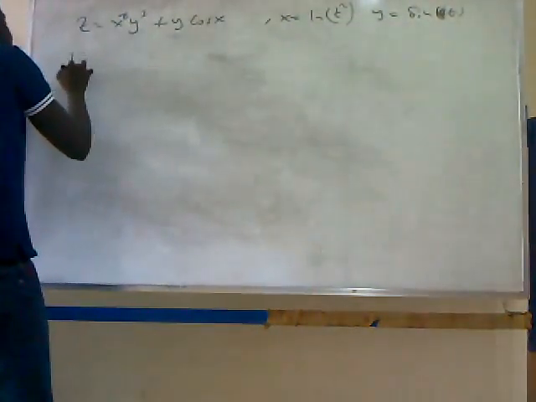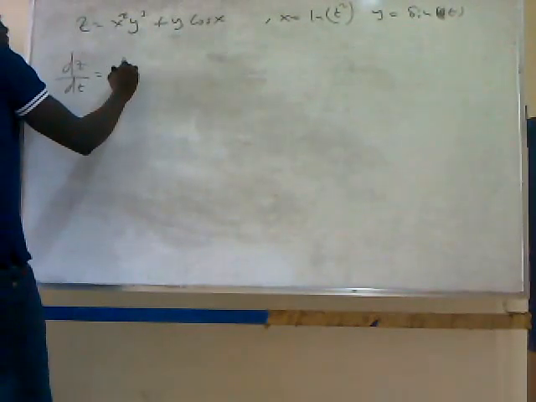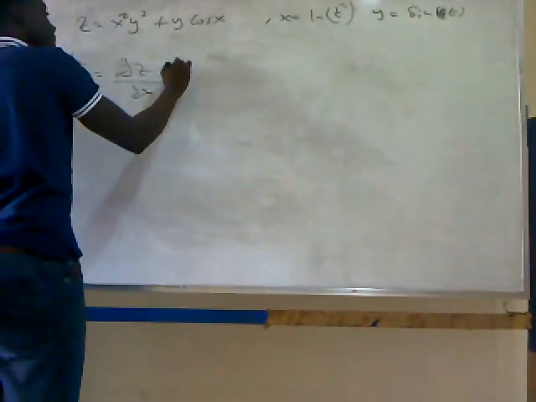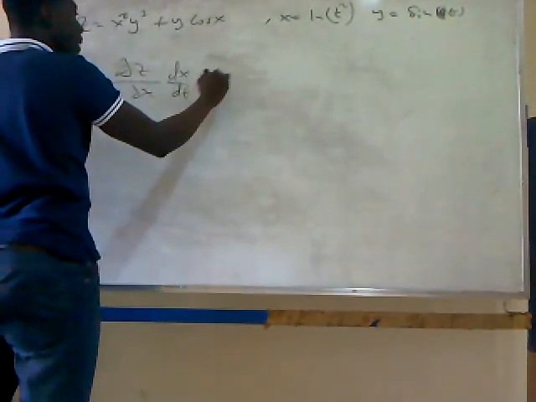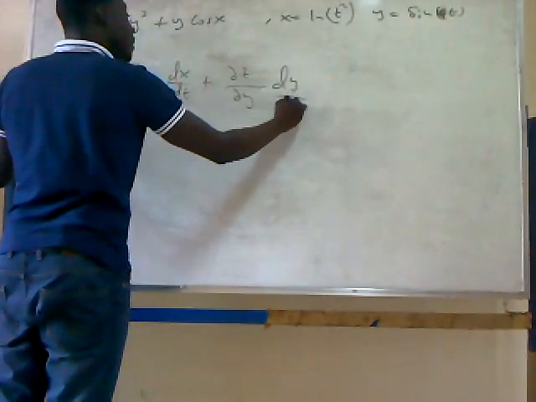Here we have to find dz/dt, which we know is equal to this: del z/del x dx/dt plus del z/del y dy/dt.